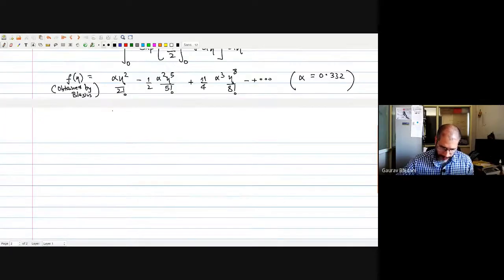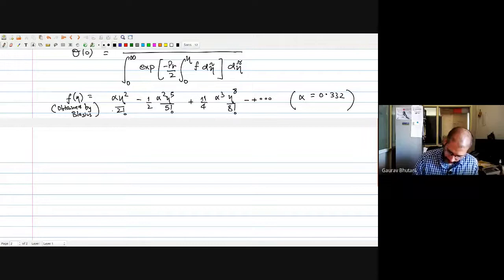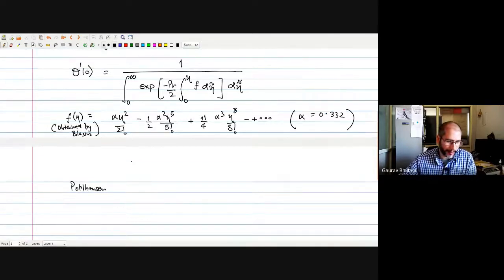In fact, Pohlhausen carried out the integration of the integral that you have for theta prime numerically.